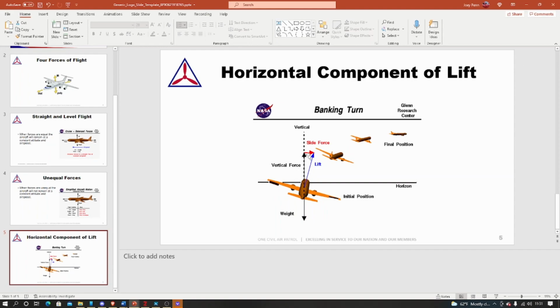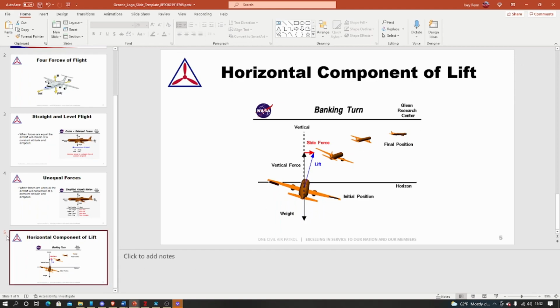As the aircraft banks into its turn, you can see a side force being added, and the lift is pulled to the right. No matter what orientation the wings are in, they are still producing lift. This means that the aircraft is producing lift not just in an upwards direction, but a sidewards direction as well, helping the aircraft to turn and keeping it in a turn until the aircraft is level again.